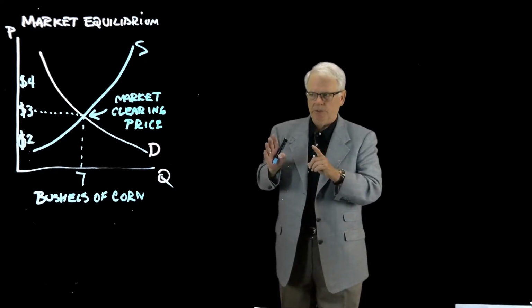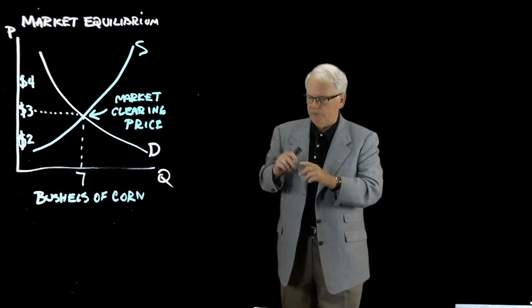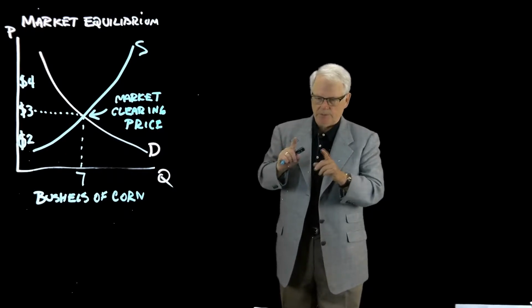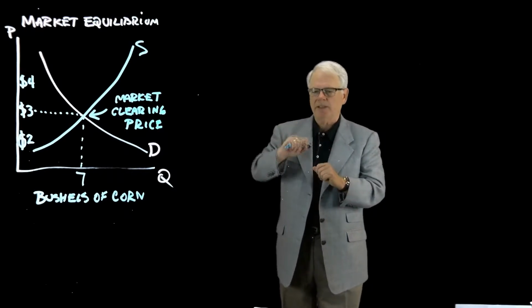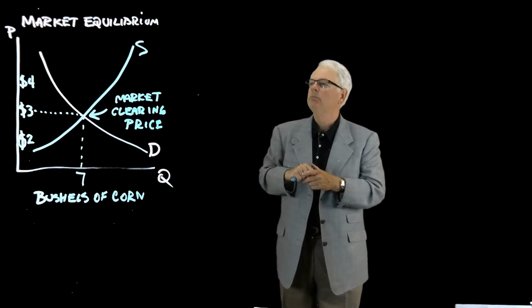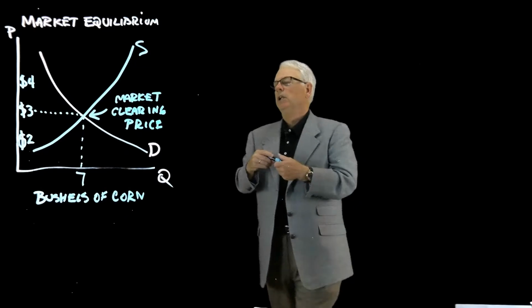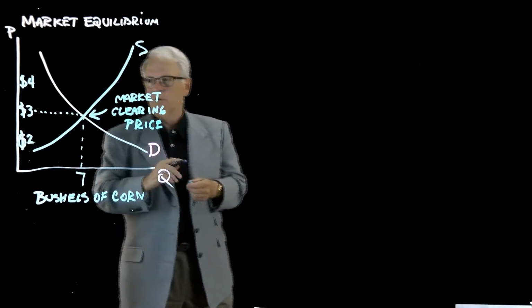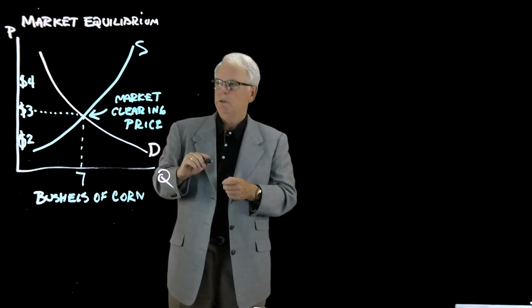Let's take a look at 2 points of inefficiency, where the allocative efficiency and the productive efficiency is less than the most efficient point on this graph. The first, let's take a look at, is if the market price for a bushel of corn were $4.